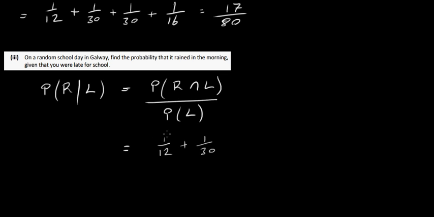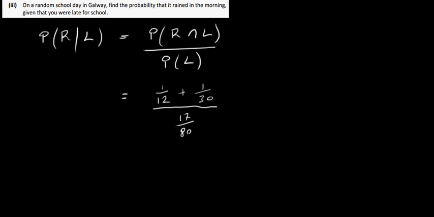Because there are two possibilities, we can go down this branch or we can go down this branch here. So we've got to add these two here, and the probability of being late then is just 17/80, which was on the bottom here.